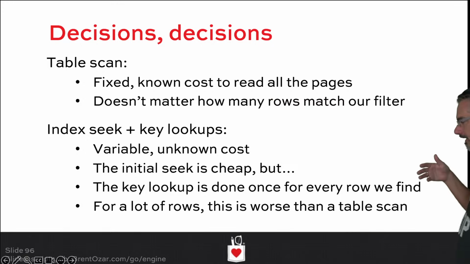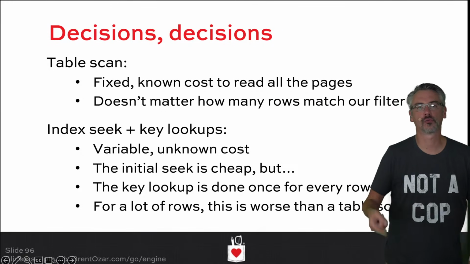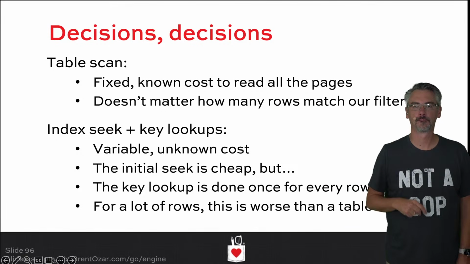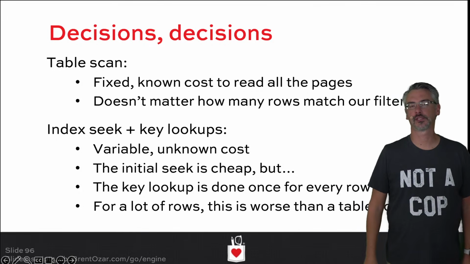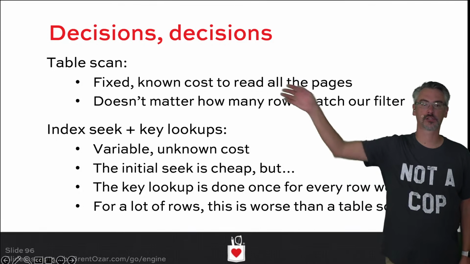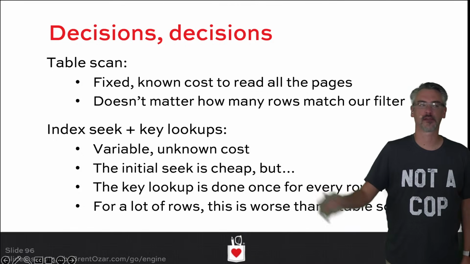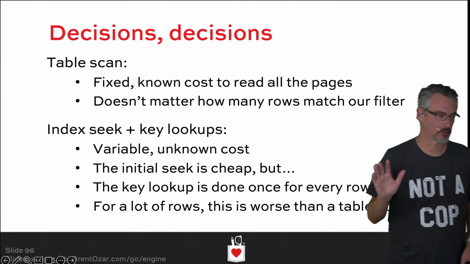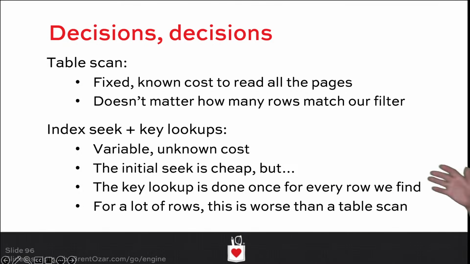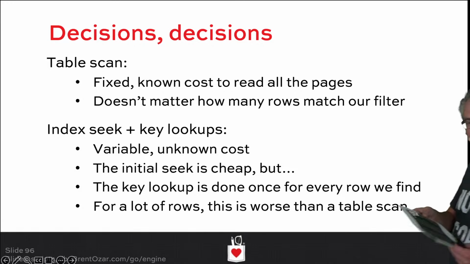Because when I start doing key lookups, every additional row that I bring back, that's more reads that SQL Server has to do. A clustered index scan is fixed. It's a known quantity about how many rows we're going to have to read and how many 8K pages we read. But when we add those key lookups, that's additional work for every single row that we find.